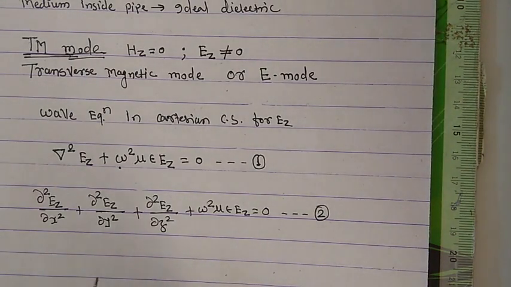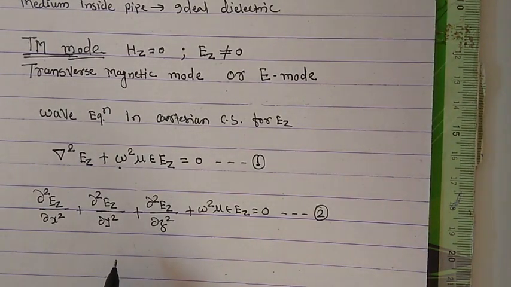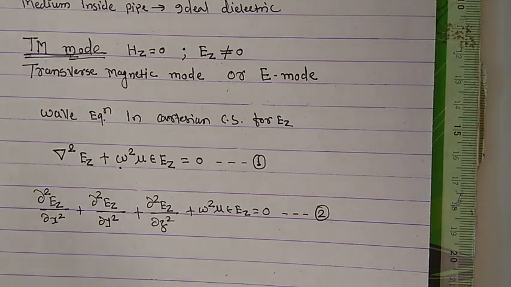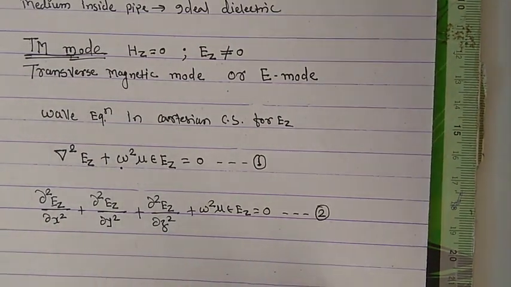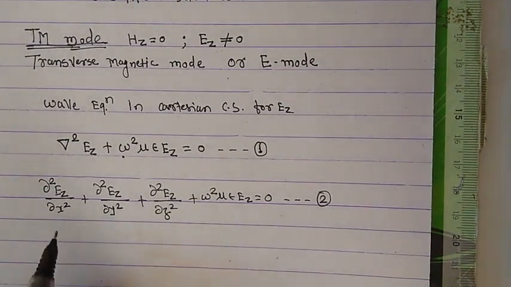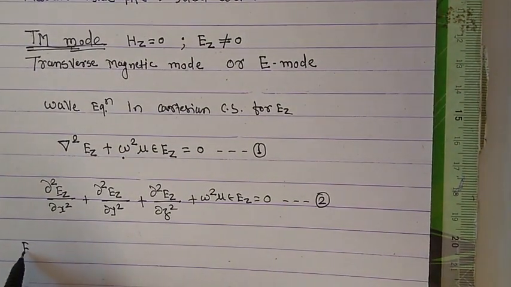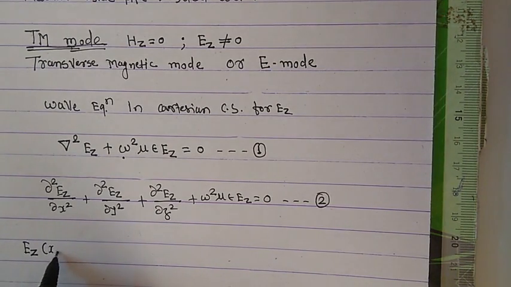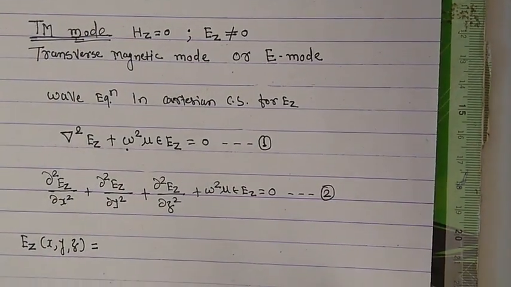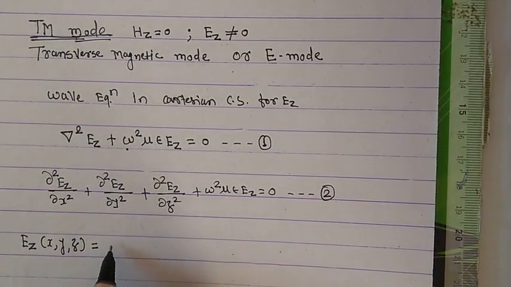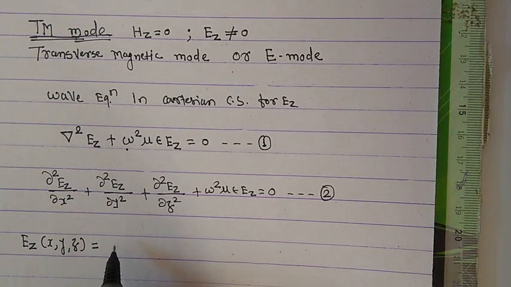Now this equation can be solved by separation of variables. So let Ez be a function of x, y, z as well as time. So the solution will be a product of a function of each variable.